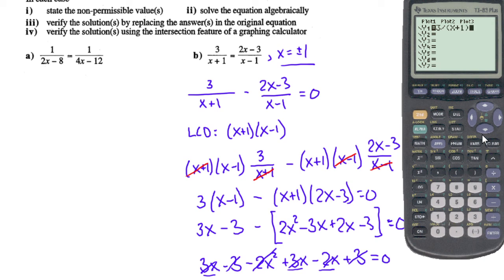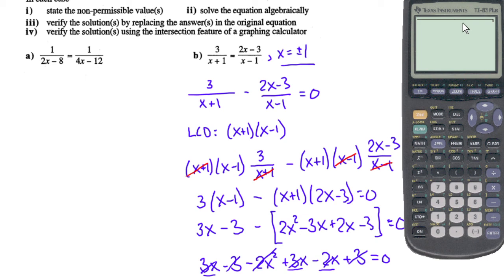That's your y1. y2 is going to be, we're going to put the whole numerator in a bracket. So 2x minus 3, closing bracket, and then we divide by x minus 1. Like that. Then we graph it.